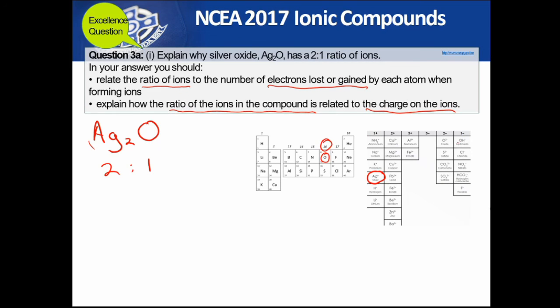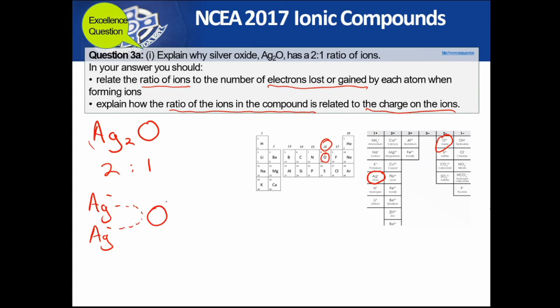It needs 2, and if it needs 2, silver can only give 1, so that means we need 2 silvers to give away an electron each. So 2 atoms of silver will provide 1 electron each to become 2 silver ions. Okay, so they've both given their electron away, and it goes to oxygen.